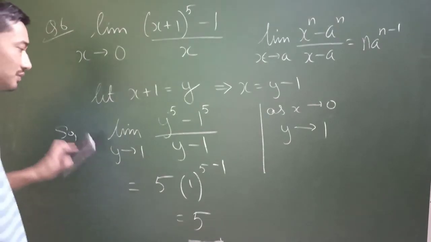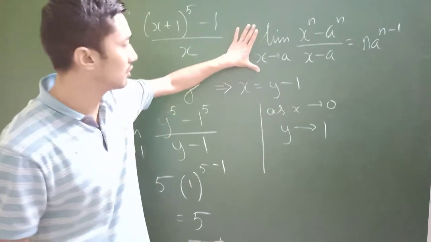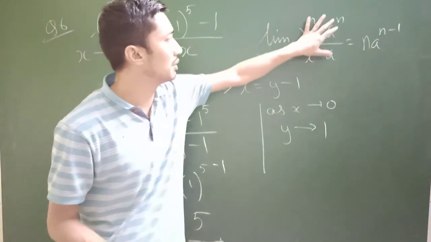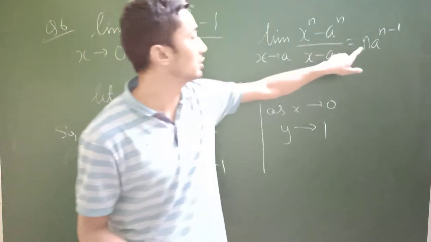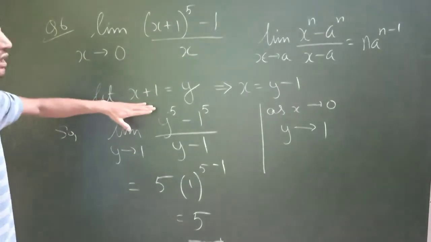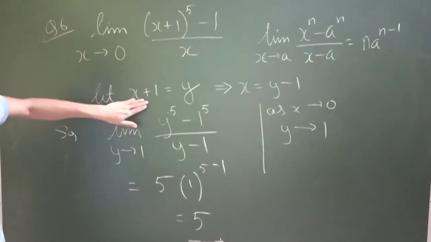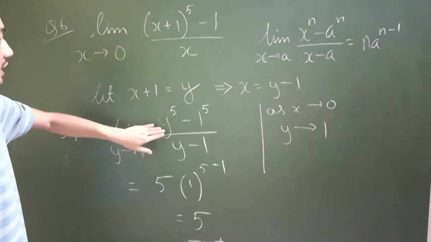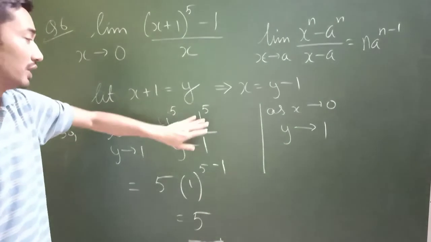I hope you've understood. Once again, this formula: the limit of (x power n minus a power n) divided by (x minus a) as x tends to a will be equal to n into a power n minus 1. What I did is substitute x plus 1 as y, so we get y power 5 minus 1, with 1 written as 1 power 5.